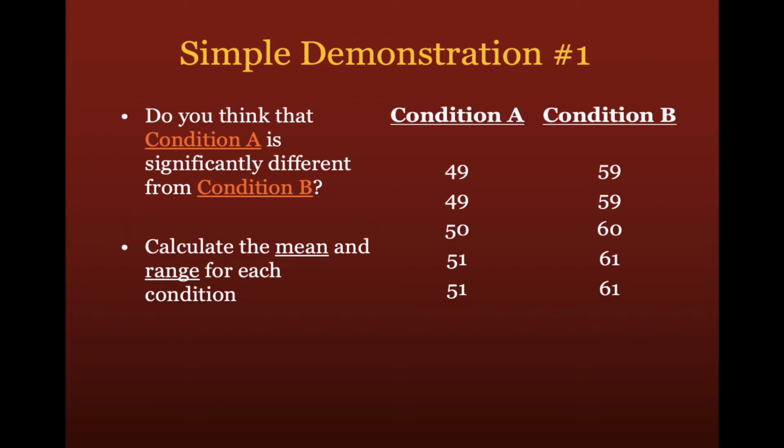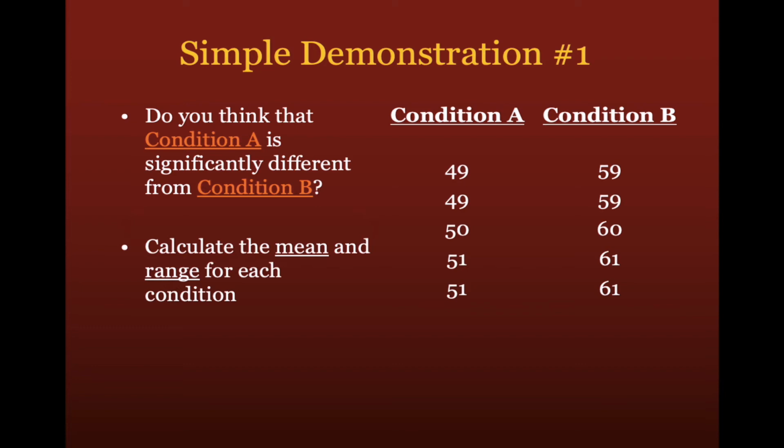So let's do a couple of demonstrations and see if this will start making more sense to you. I want you to look at the numbers for condition A and condition B, and we're trying to figure out, do you think condition A is significantly different from condition B? What I want you to do really quickly is calculate the mean and the range for these two groups. I arranged the numbers in a way in which it's very easy to figure out what the mean is.